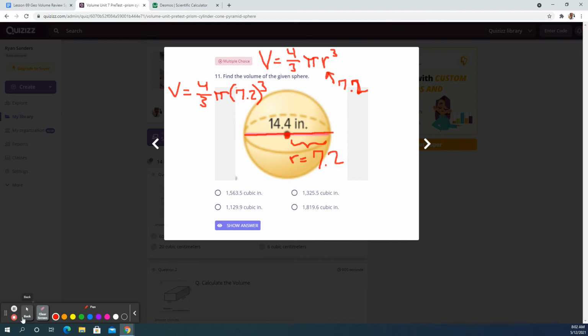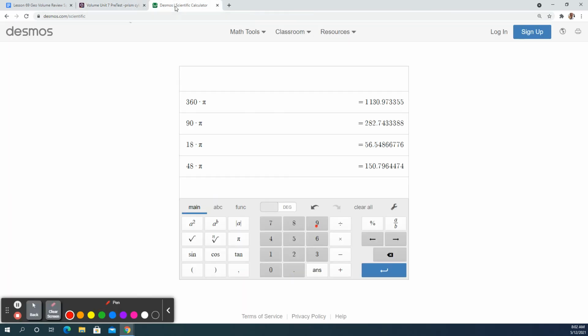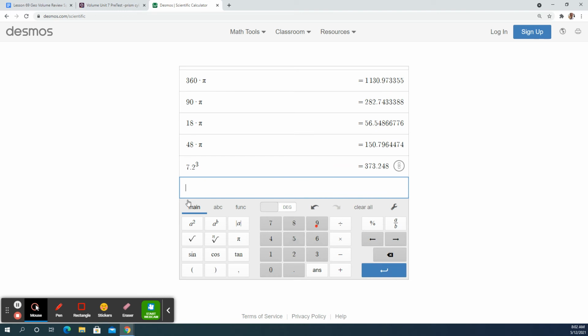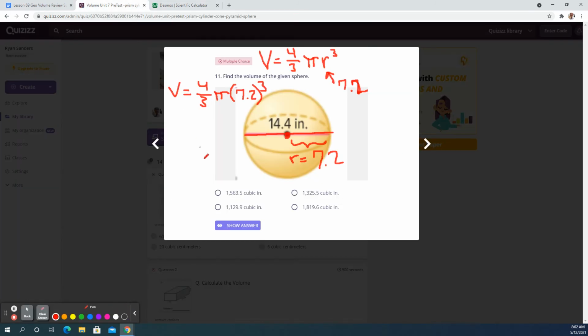Exponents go first. 7.2 cubed is 373.248. And then we still have a pi in front and a 4/3.